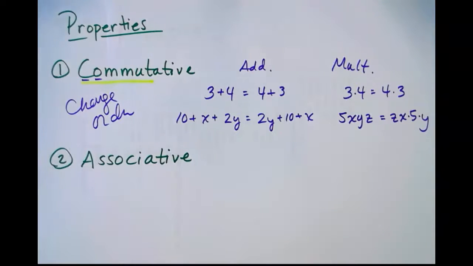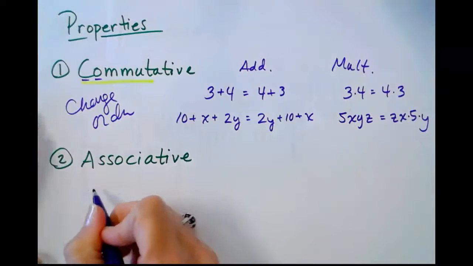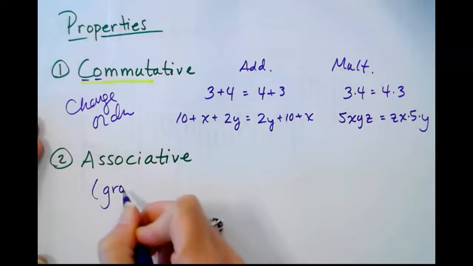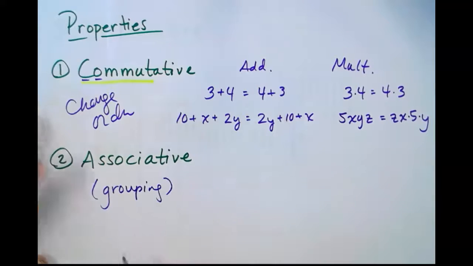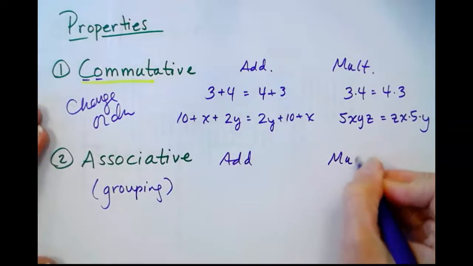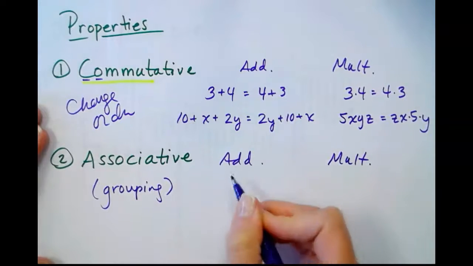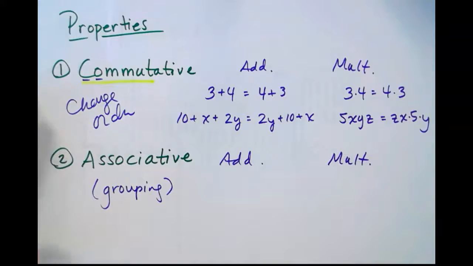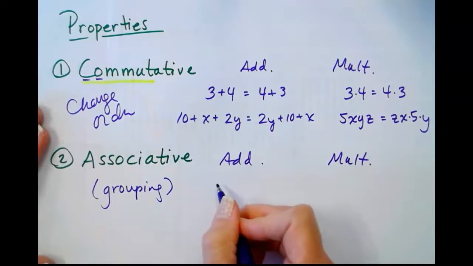Associative property. A synonym for an association is a grouping. And when you think about a grouping, you need to be thinking about parentheses. So the associative property also applies only to addition and multiplication. We can regroup and get the same sum or product.